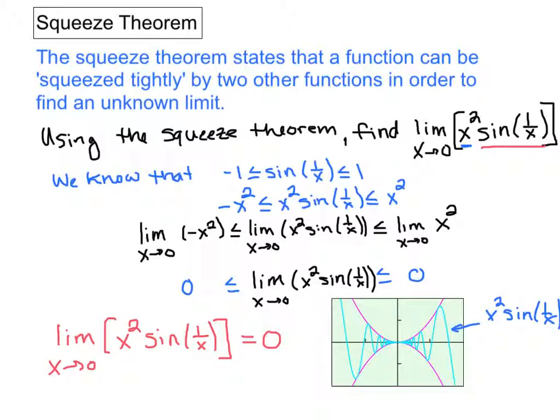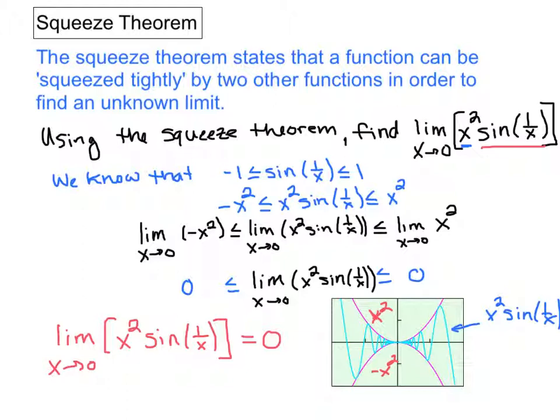And these little red functions are our x squared and our -x squared. We saw that if we can sandwich our function between these two graphs, we can eventually find the limit as x approaches 0. And there we have it. That is the squeeze theorem to a T.